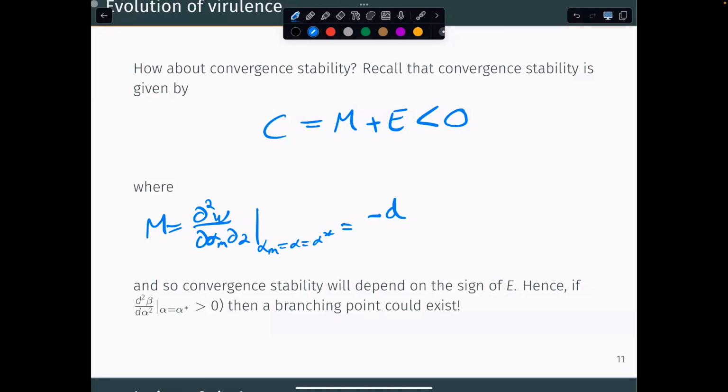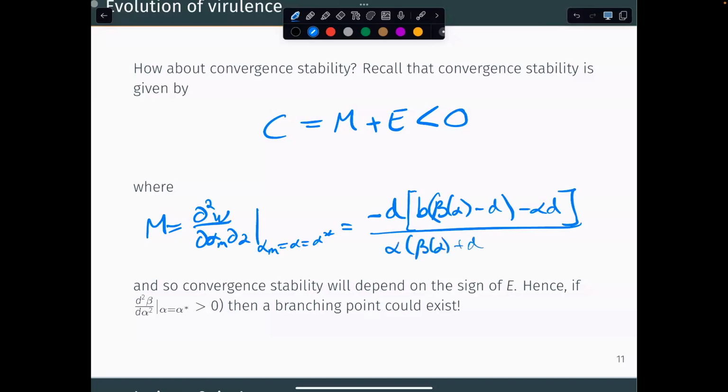When you work this out, we end up with minus D times B, beta of alpha minus D, all in brackets, minus alpha times D, all over alpha times beta of alpha plus D plus BD.